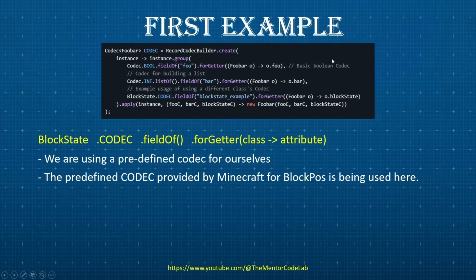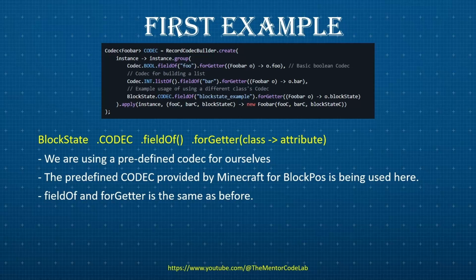Instead of defining it ourselves, we are saying that, okay, you had done it, we just use it. We are providing the key and we are providing the attribute to look for. So the field of and for getter are the same as before. There is nothing special here. We are just defining the key and the attribute. However, instead of defining this codec ourselves, thankfully, Mojang had done the job, so we are using that codec.